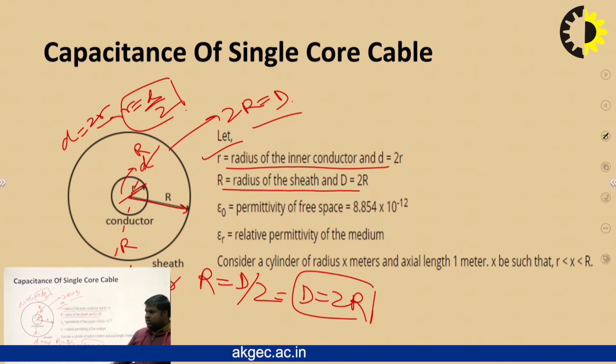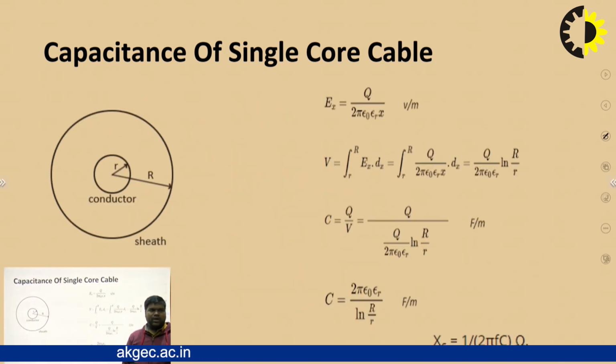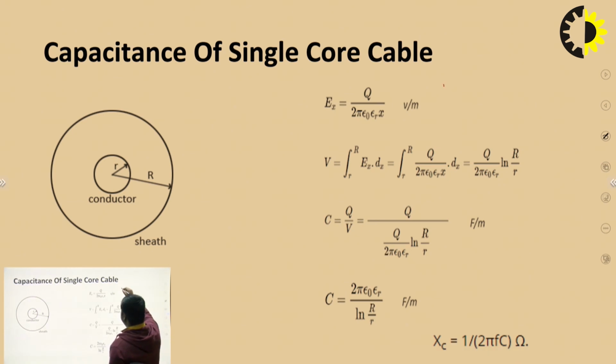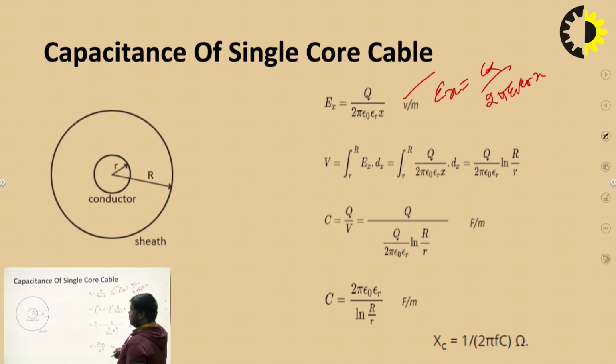So this is the capacitance of a single core cable, and if we see the derivation part of it, Ex equal to Q by 2 pi epsilon naught epsilon r into x volt per meter, and V is the potential difference, such as the voltage.